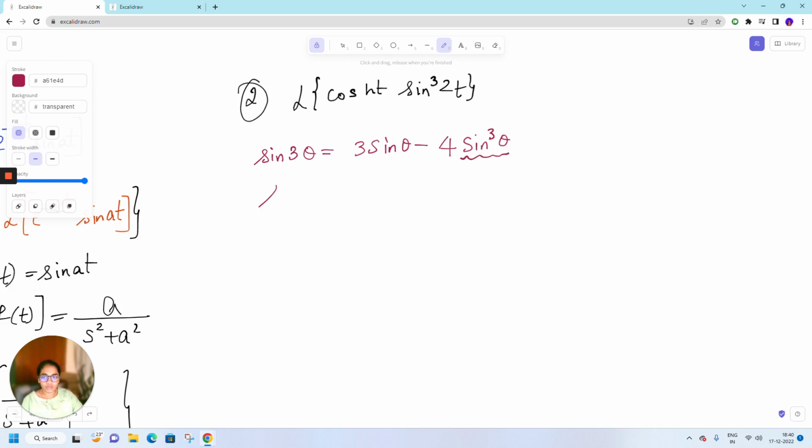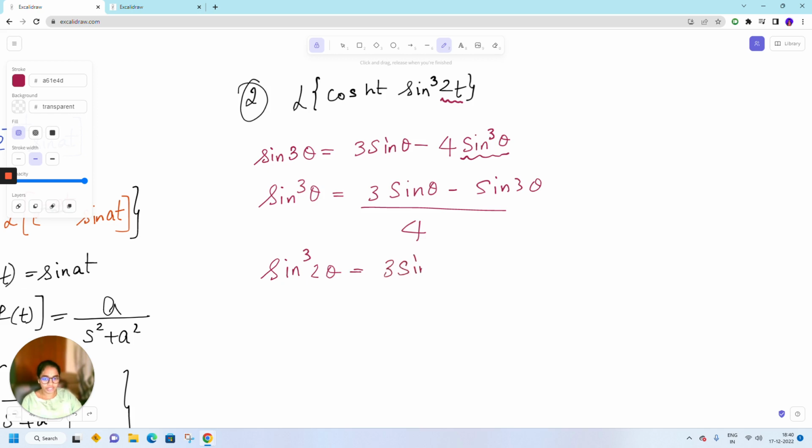So sine cube theta would be 3 sine theta minus sine 3 theta divided by 4. As you can observe in the question we have 2t, so I'll replace theta with 2 theta. So I will get 3 sine 2 theta minus sine 6 theta divided by 4.